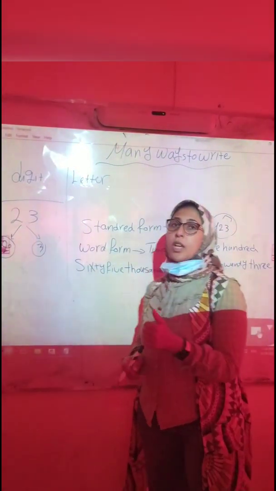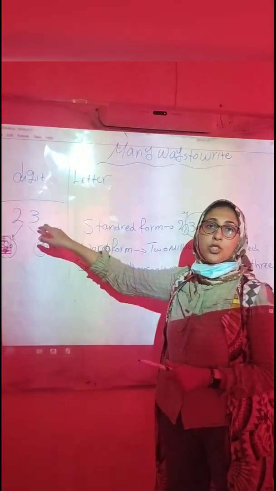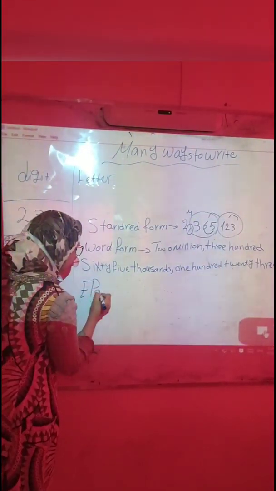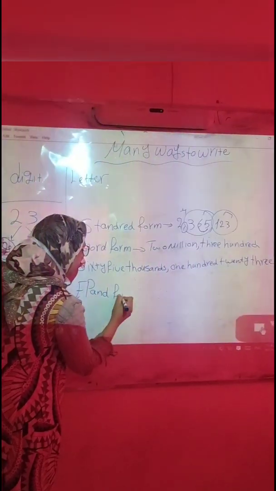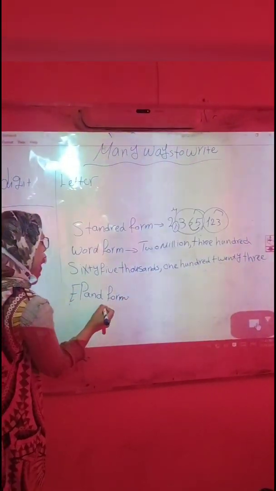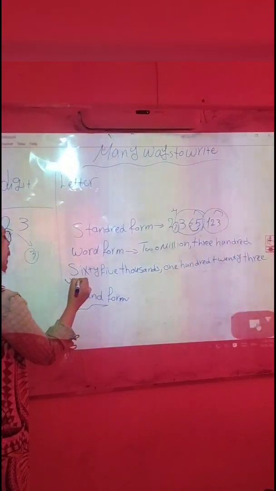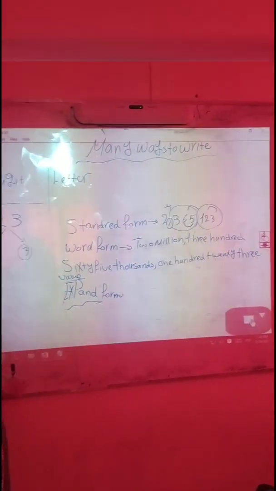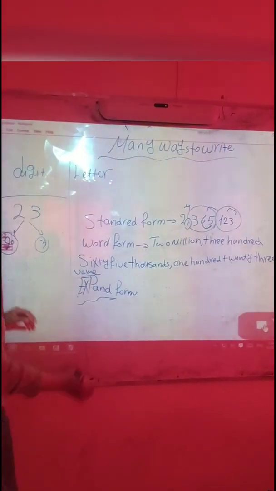The trick here is to write the value of each number. So when I try to write in expanded form, it's like I'm telling you a secret: write the value. Okay? Expand.